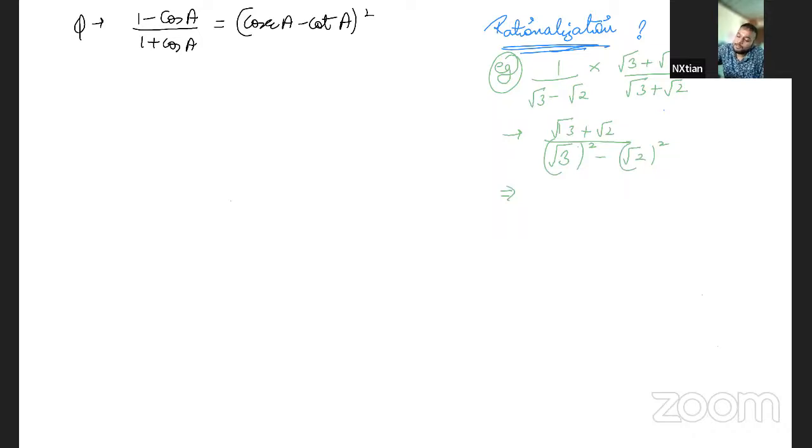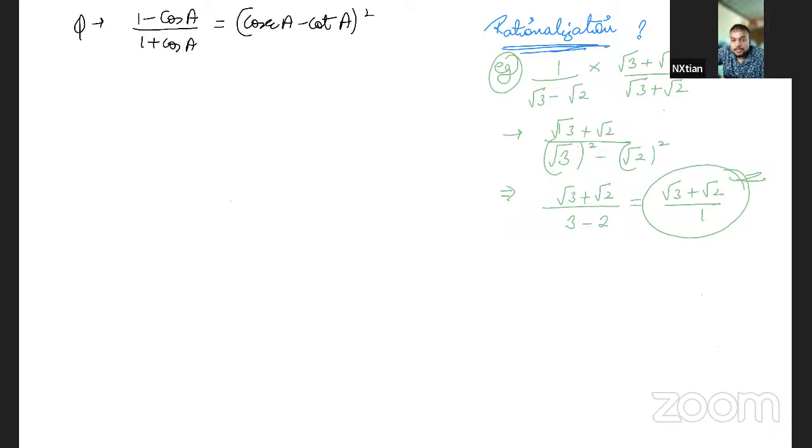So it will become root 3 plus root 2, then root 3 square, which is 3, and root 2 square, which is 2. So it will become root 3 plus root 2 upon 1. So I got it in the rational form. Understood, guys? Yes or no?